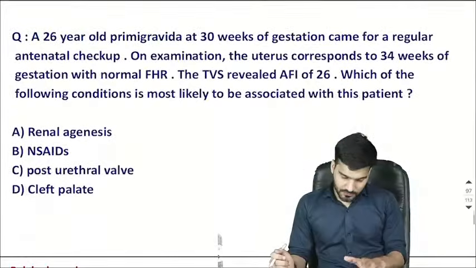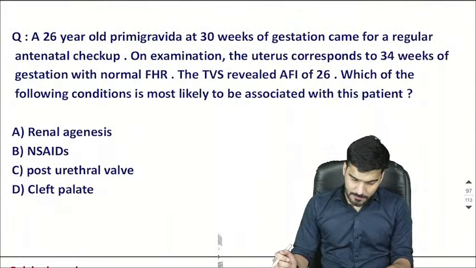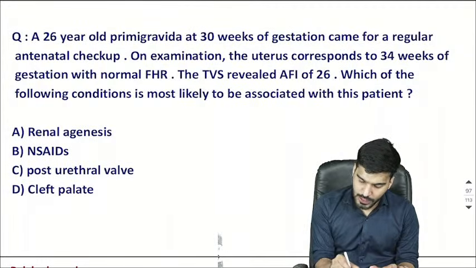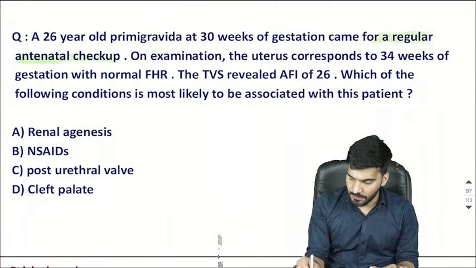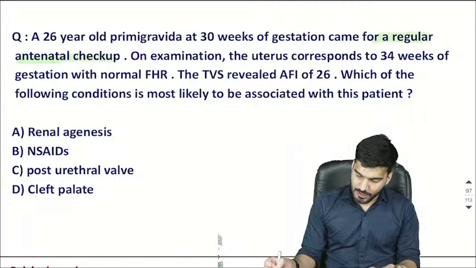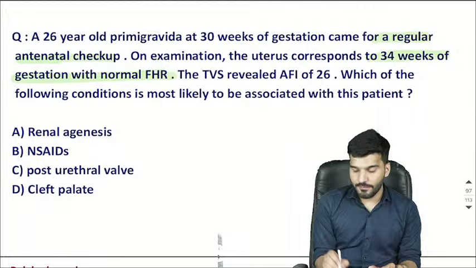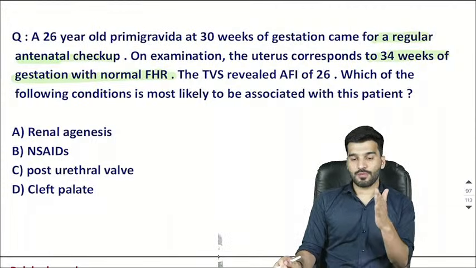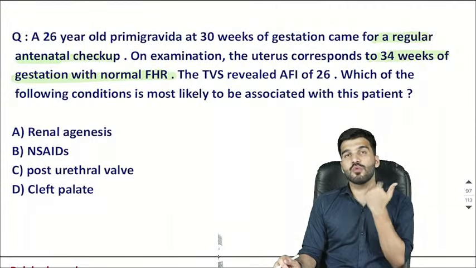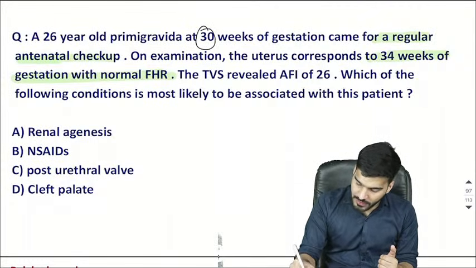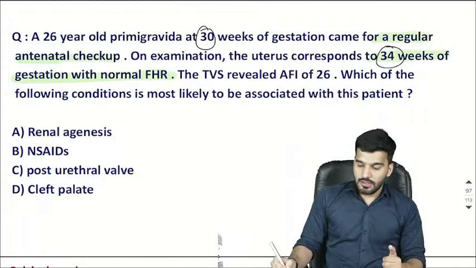Next question. A 26-year-old primigravida at 30 weeks of gestation came for a regular antenatal checkup. On examination, the uterus corresponds to 34 weeks of gestation with a normal fetal heart rate. Here the fundal height is more than the period of gestation, because she's just 30 weeks pregnant, but fundal height reveals 34 weeks.